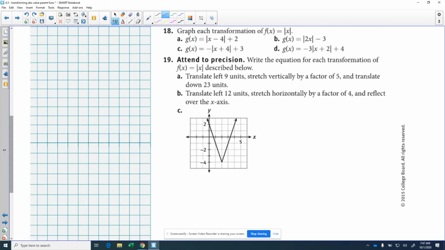So now, this is the last part I want to talk about. We're just going to talk about letter C because we want to basically describe what's happening in this graph. We want to basically say, what's the equation? So we got to think y equals a x minus b plus c. So we want to think, is there anything happening in all three of these? Well, first off, understand that anytime I get a problem like this, we start at this coordinate. That's the coordinate we're actually starting at.